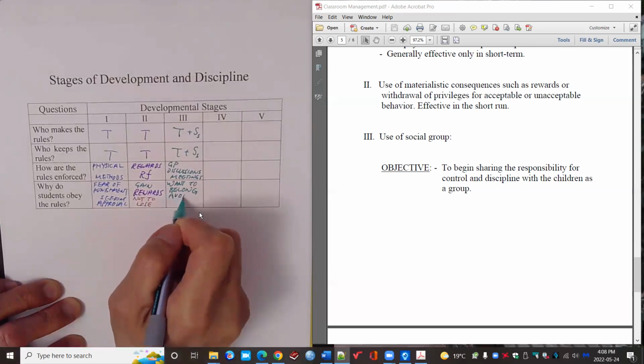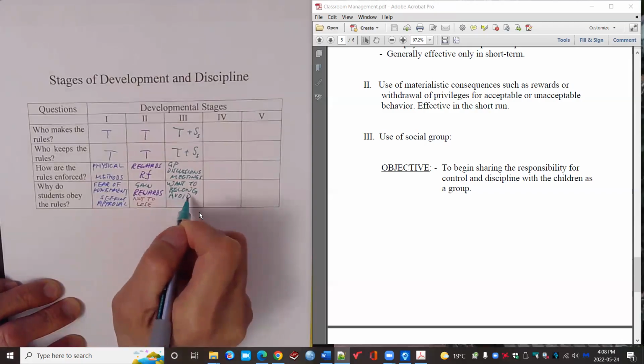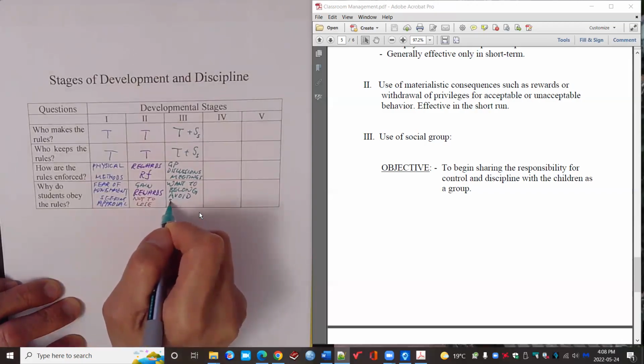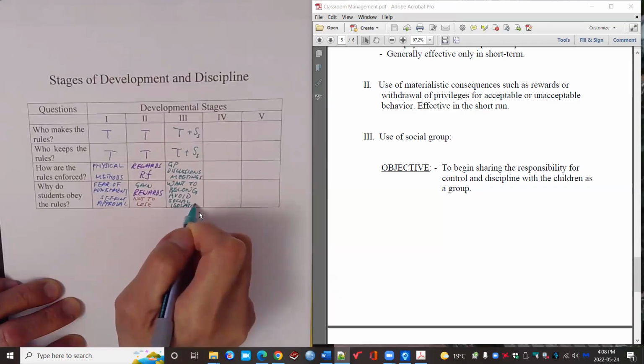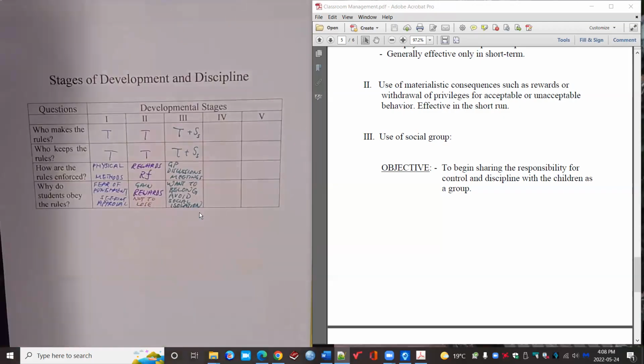Because they want to avoid social isolation. Good. Okay.